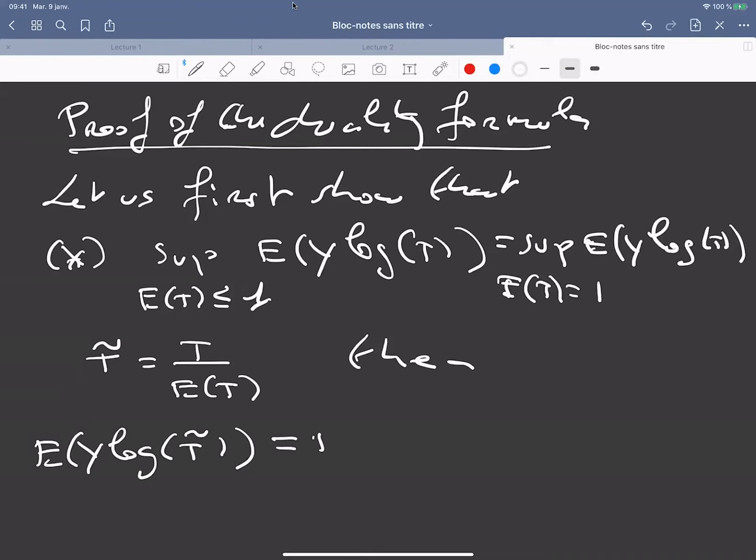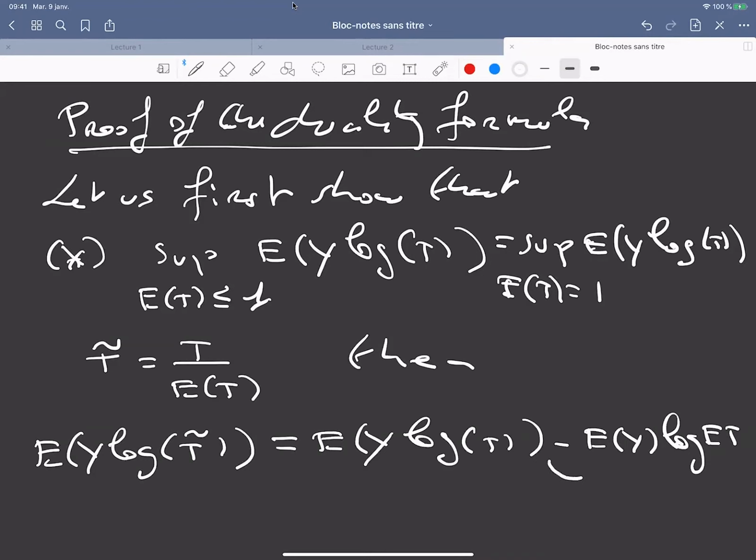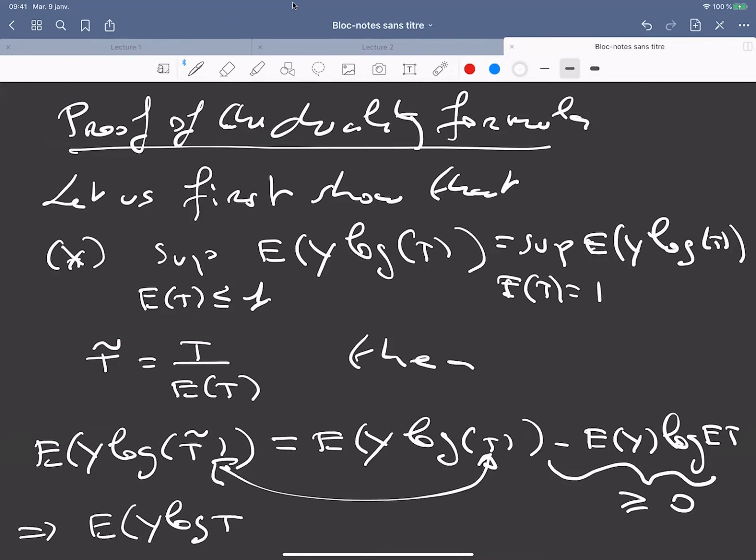But of course, since the expectation of t is less than 1, this quantity is non-negative. And so this means that when you turn from t to t tilde, you just increase the expectation. Okay, so the expectation of y log t tilde is larger than the expectation of y log t.